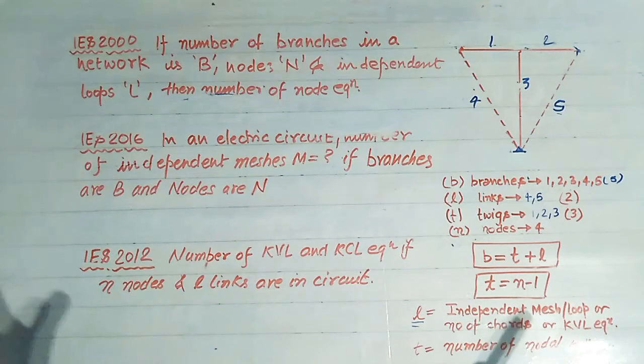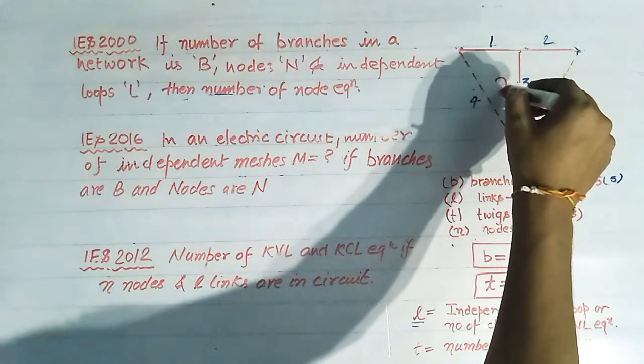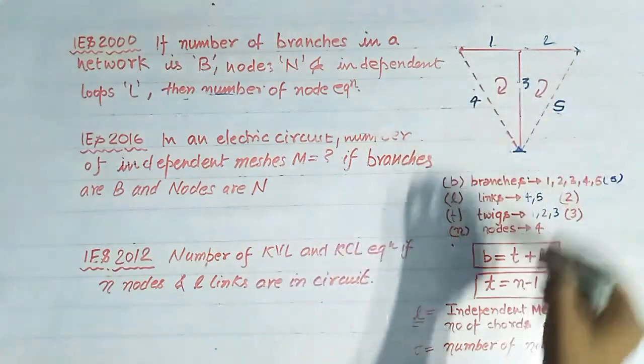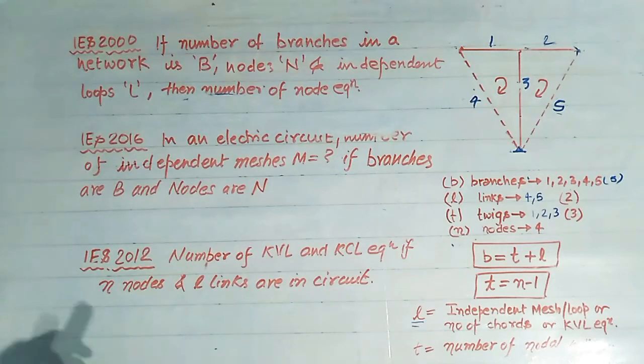Now after knowing this much, I tell you the significance of the number of links. The number of links is equal to the number of independent meshes or loops. So here in this graph there are two independent loops. So we can say that the number of loops is equal to the number of links, or it is equal to the number of KVL equations.